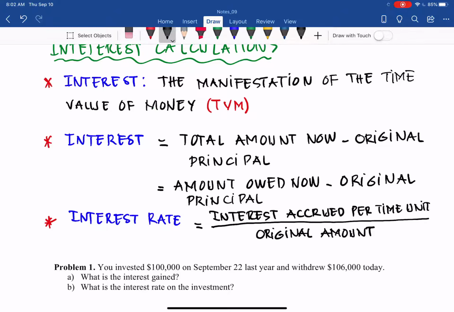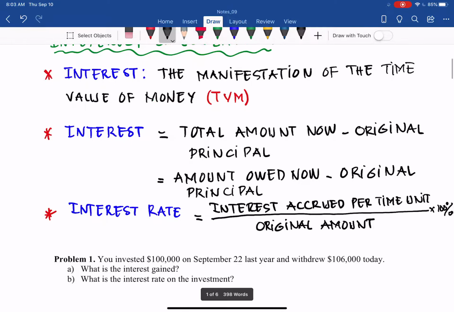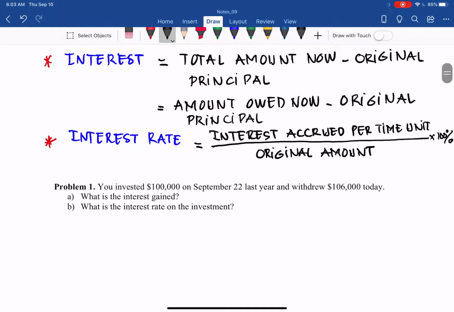Normally it is expressed in percentage, so we times 100%. So 2%, 3%, 5% per month, per year, etc.